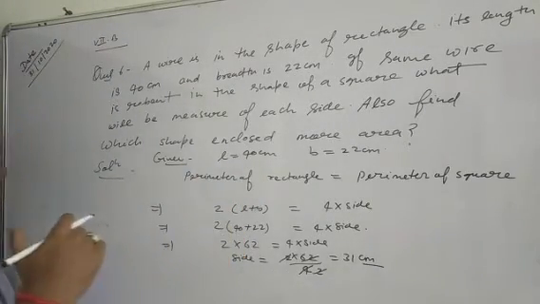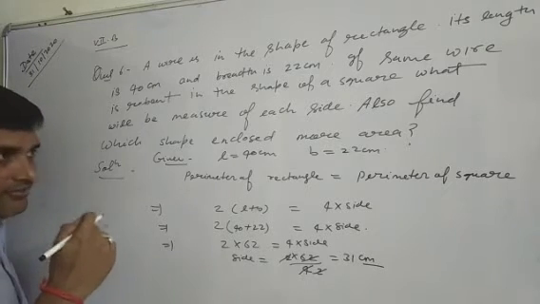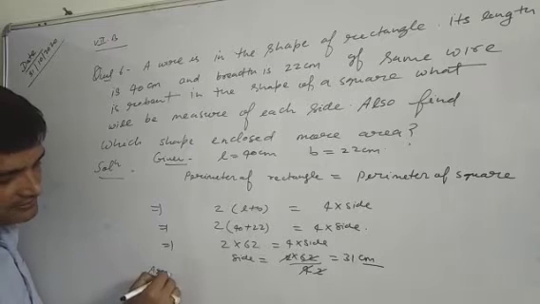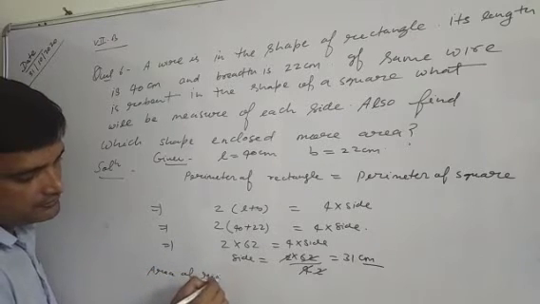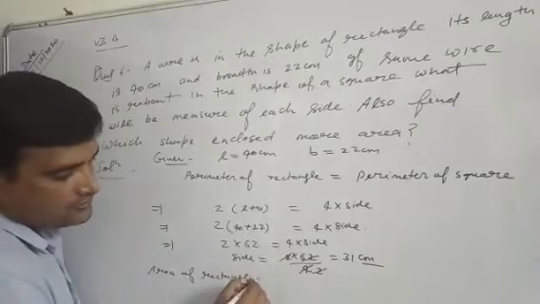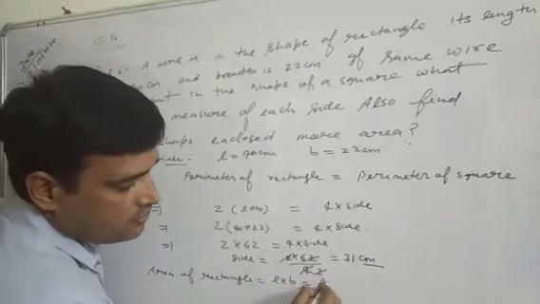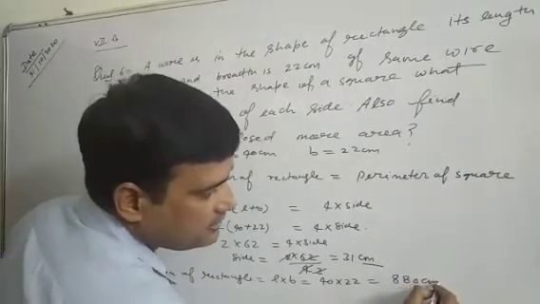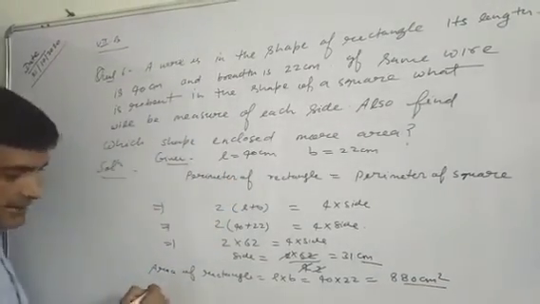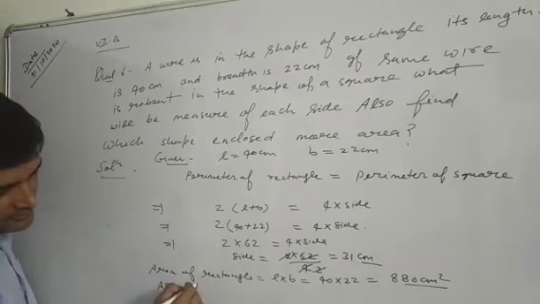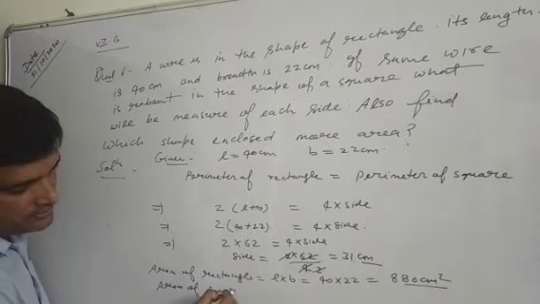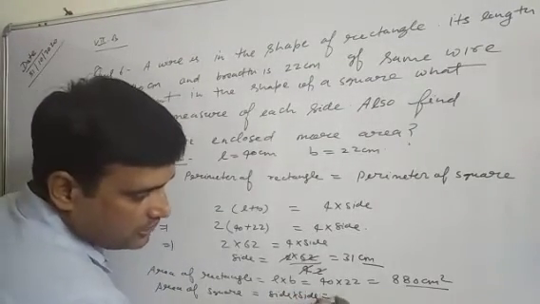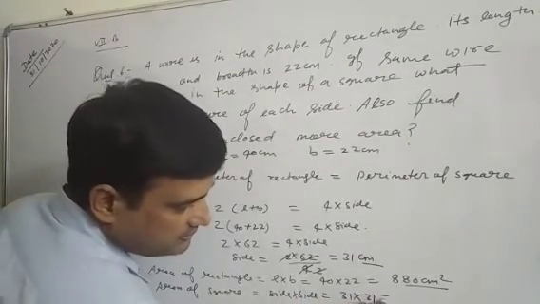Now we find the area of rectangle and area of square. Area of rectangle is L into B, 40 into 22, 880 centimeter square. Okay, and area of square is side into side. Now we have 31 into 31.